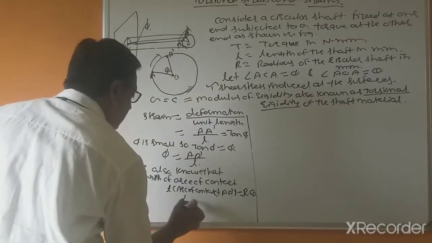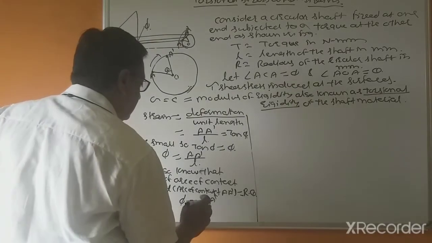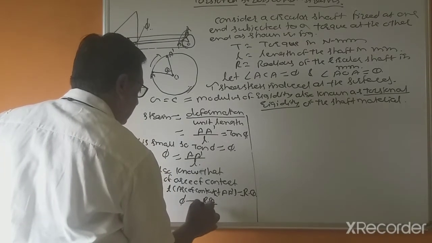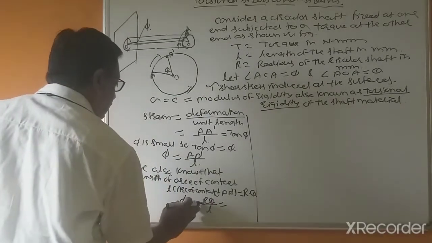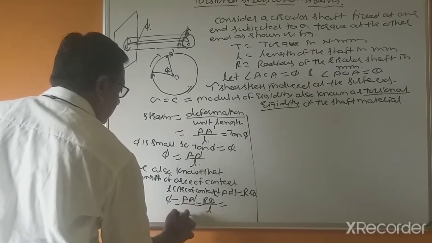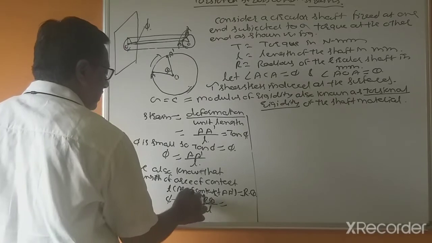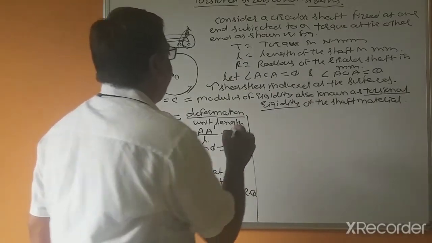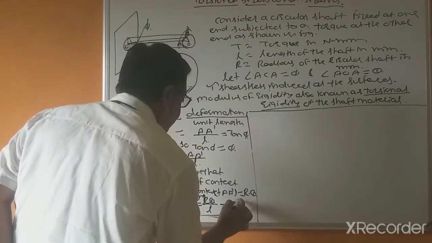So that's why phi equals A dash divided by L, or R theta divided by L. Or you can consider A dash equals R theta, since A dash equals L phi. So this is the first equation.